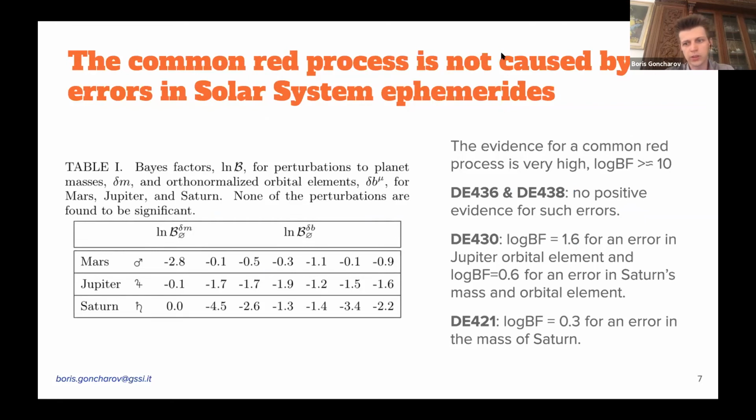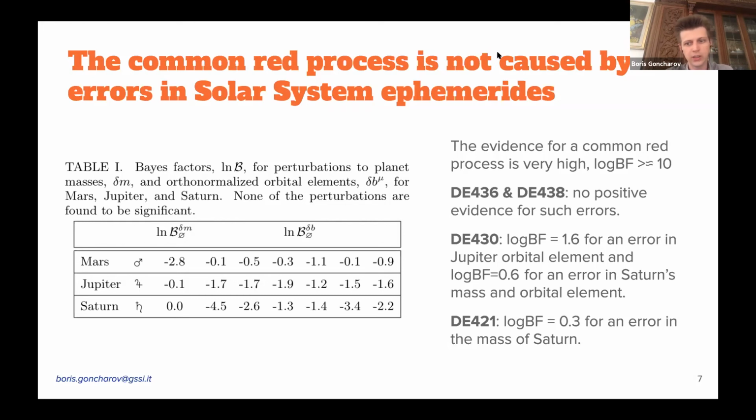basically was showing that there is some effect from solar system ephemeris errors, but the most recently discovered common red process is so strong that the evidence for it is much stronger than the evidence for any errors in the ephemerides. In the PPTA work, we actually tried to fit for every single component of this error in solar system parameters, which include the masses of planets that may affect the measurement, and each of the orbital elements of these planets.